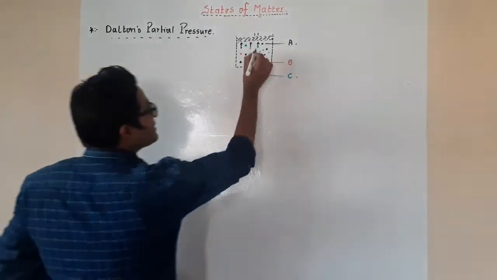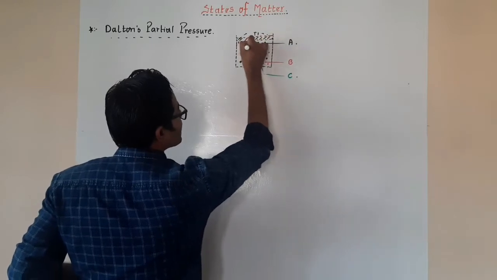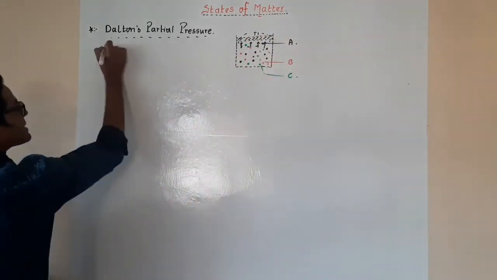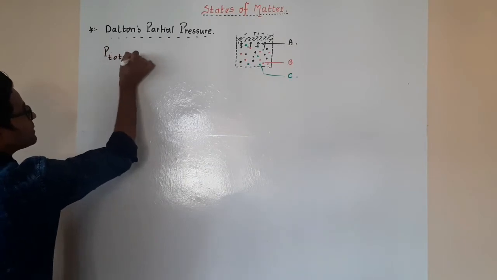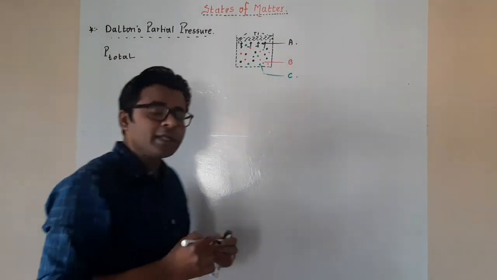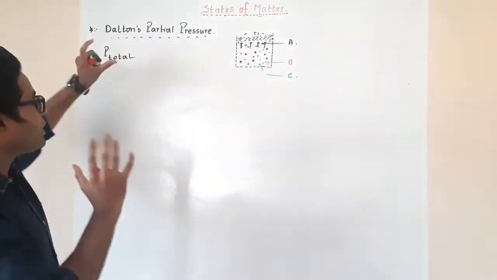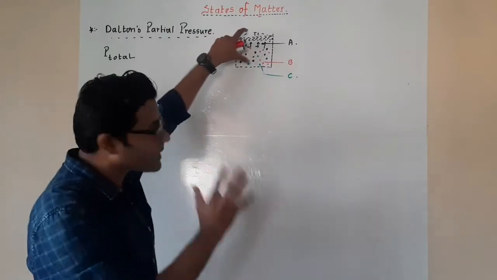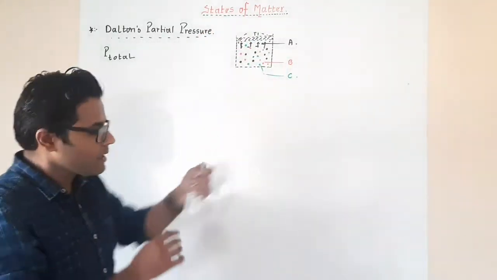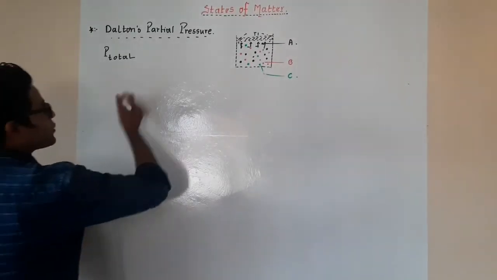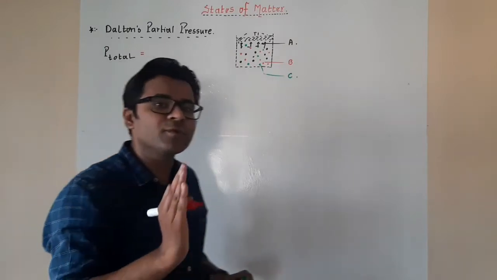Okay, so let's say the total pressure that has been induced over here is given as P of total. According to the Dalton's partial pressure, the total pressure exerted by the mixture of non-reactive gases is going to be equal to the partial pressure of individual gases.